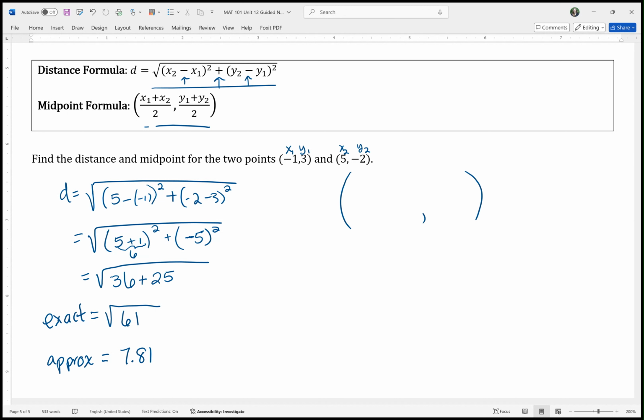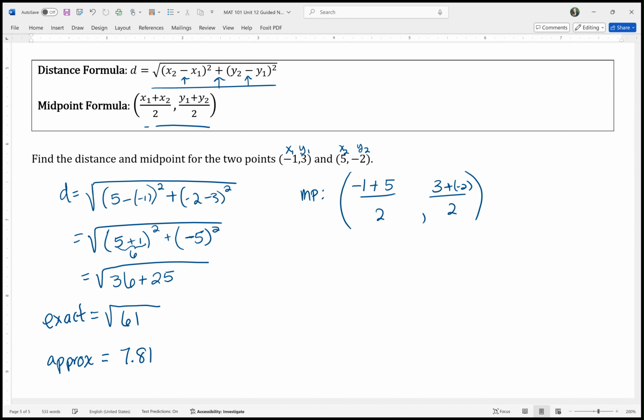So x1 is -1 plus x2 is 5, divide by 2. y1 is 3 plus y2 is -2, divide by 2.